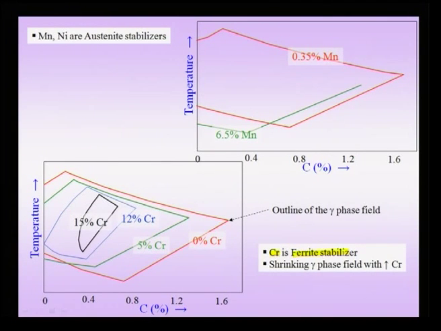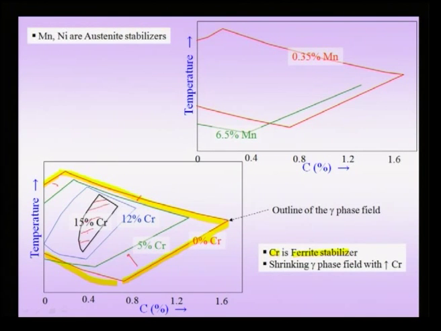That means if I add chromium in increasing percentage, then for instance, this is 0% chromium, this is my boundary of the gamma phase field at high temperatures. If I add more and more chromium, you can see that the gamma phase field actually shrinks, because gamma is FCC and chromium is a ferrite stabilizer. At a certain critical percentage of chromium, you can see that at 15%, the phase field has been reduced to such a small region.